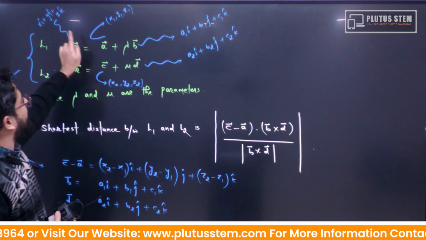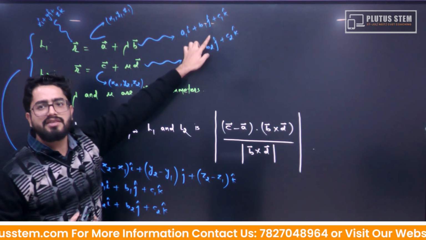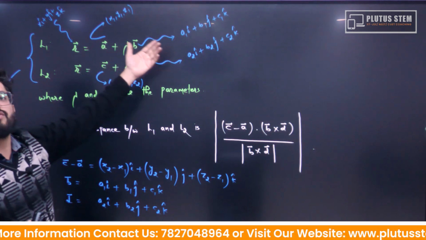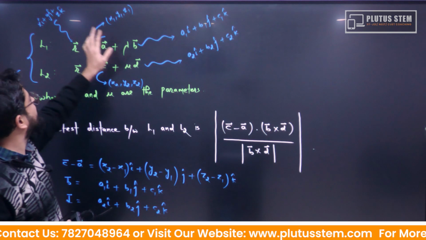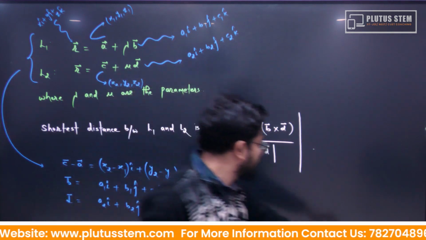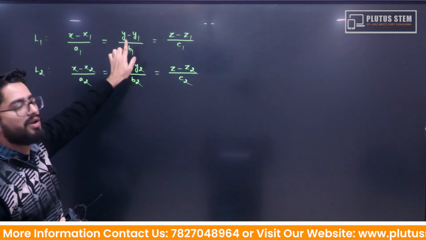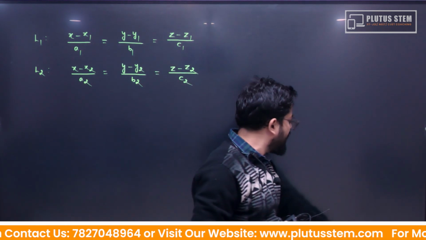The j component is y minus y1, that is B1. Next is z minus z1, that is C1. So when you calculate the lambda, you will get lambda is equal to (x minus x1) by A1, (y minus y1) by B1, (z minus z1) by C1.